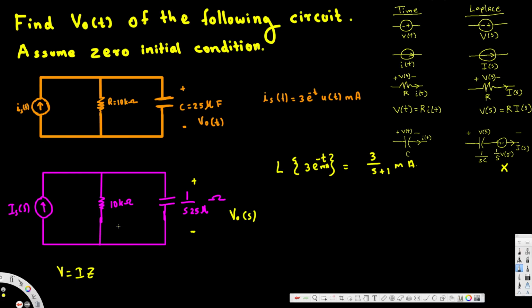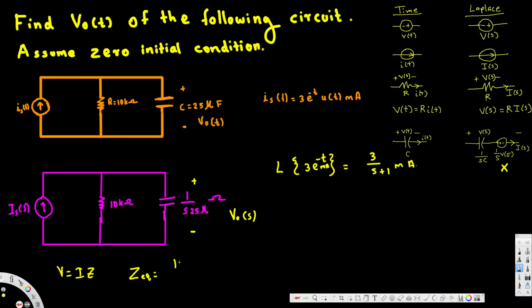Now, in order to find the voltage, V is equal to I times Z. So we have to find the equivalent impedance because we have two impedances in parallel, and this will be treated the same as resistances. And we know that when we have resistances in parallel, we do product over sum. We are going to do the same thing here. Z equivalent is going to be equal to product over sum.